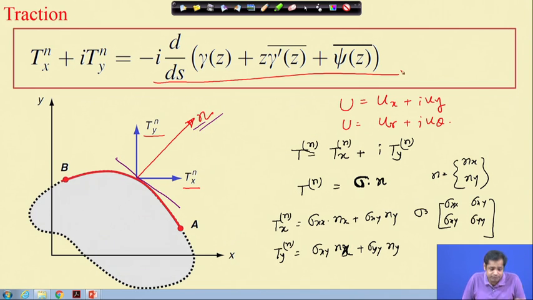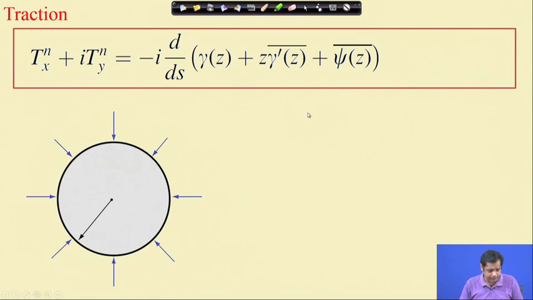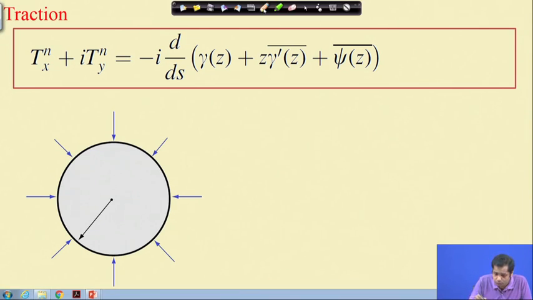Now, just to give you an example, suppose you take this example. Suppose this is the equation given. Okay. Now, suppose we have something like this, look at the conditions given here.